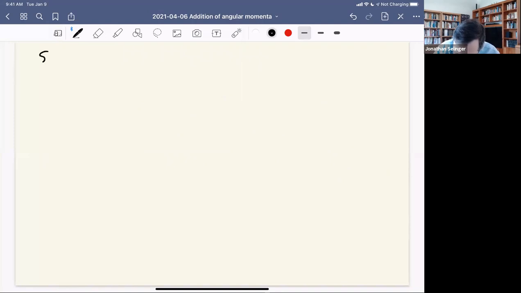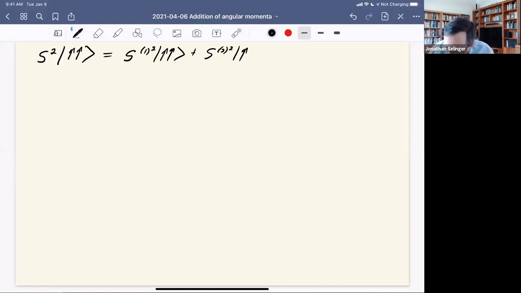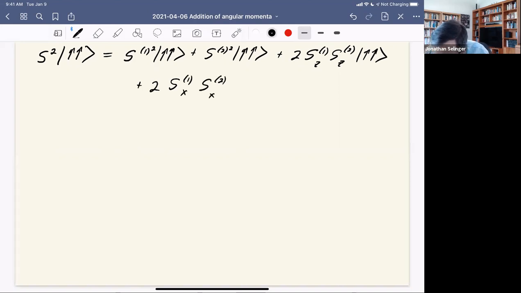If we want S squared acting on up, for example, this is S1 squared acting on up, plus S2 squared acting on up, plus, I'll do the Z thing first because it's easiest, 2 S1z S2z acting on up, plus 2 S1x S2x acting on up, plus 2 S1y S2y acting on up.